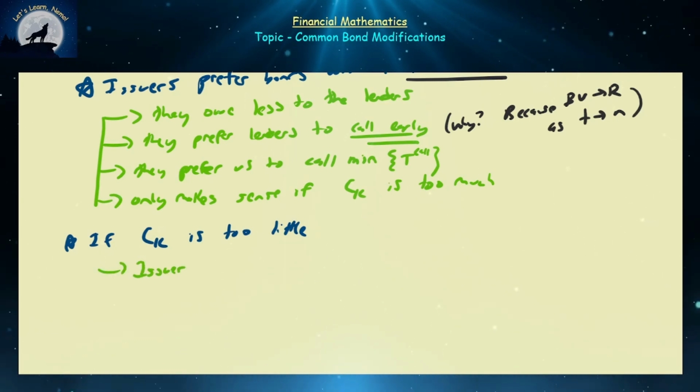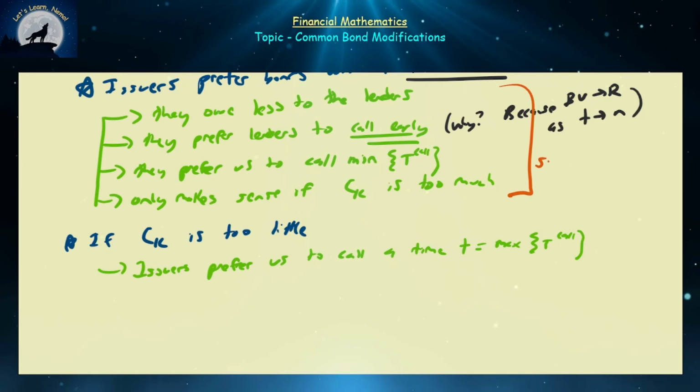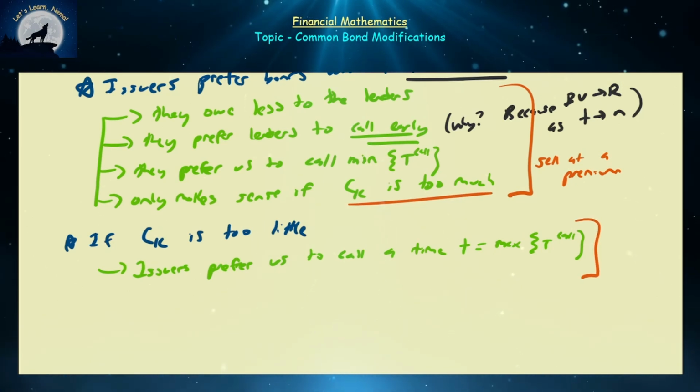So issuers prefer us to call at time, take a guess, at time t equal to the maximum of t call, which usually is equal to n, right? So what's going on here in terms of premium and discount bonds? Obviously this category above would be selling at a premium because it has high coupons, and obviously this case will be selling at a discount most of the time anyway.